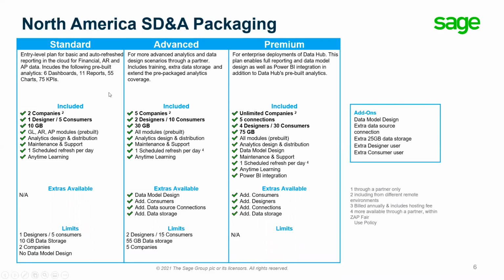A lot of organizations that we interact with are typically looking at the advanced plan as their starting point, because it does support a larger number of companies. It does support more users. So in this case, these 10 consumers can actually be taken all the way up to 15 if needed. Furthermore, you'll notice some data sizing across here.